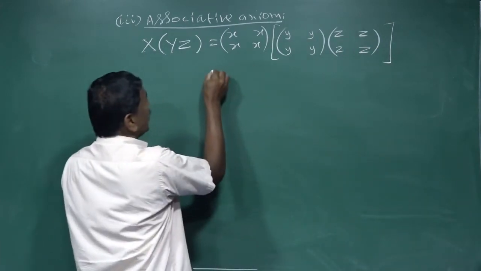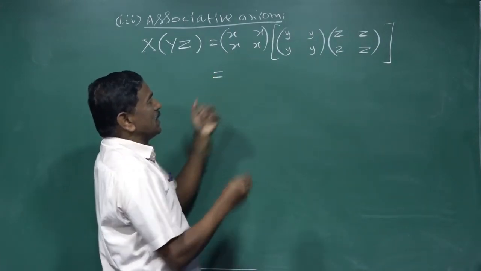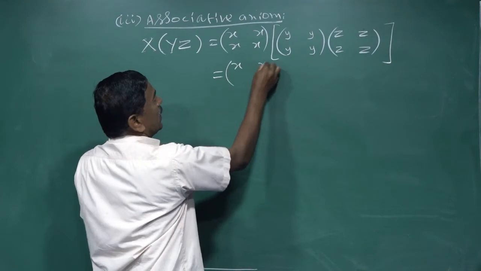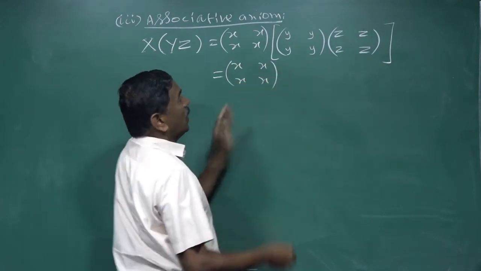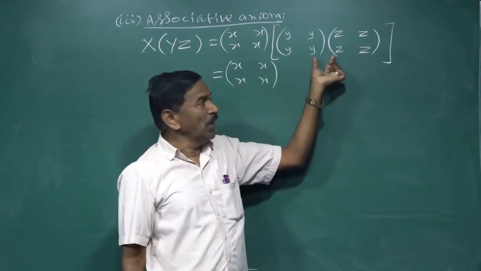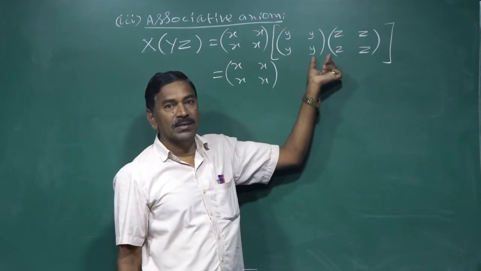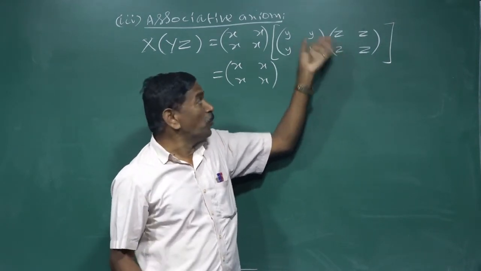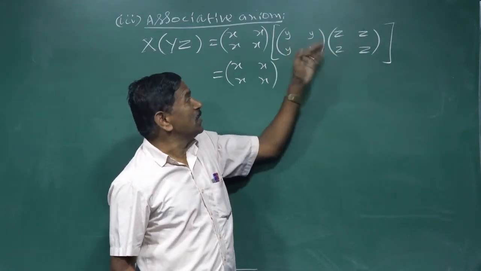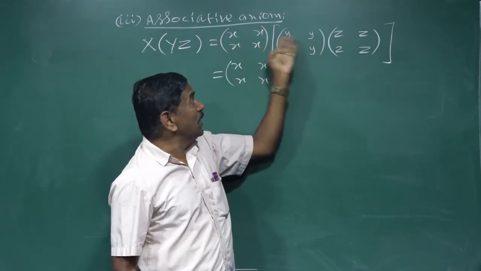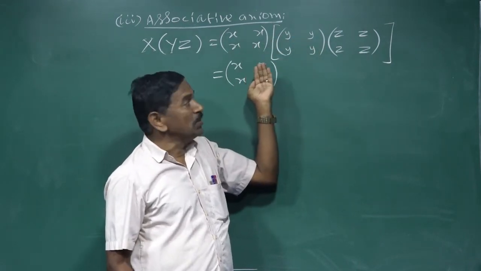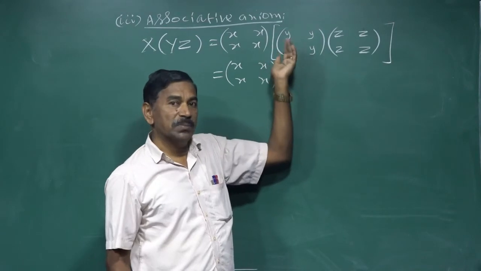Here the outer x is fixed. First we complete the bracket answer. Can you tell me what the bracket answer is? Yes, good. From the closure axiom, we know that, for example, x into y is equal to 2xy. So every time we can use the closure axiom technique.